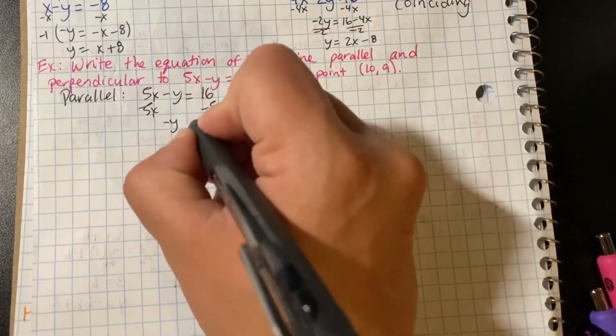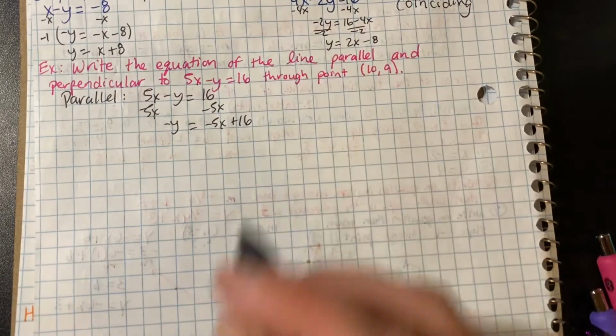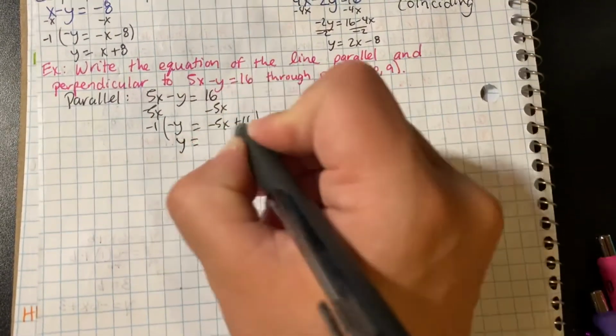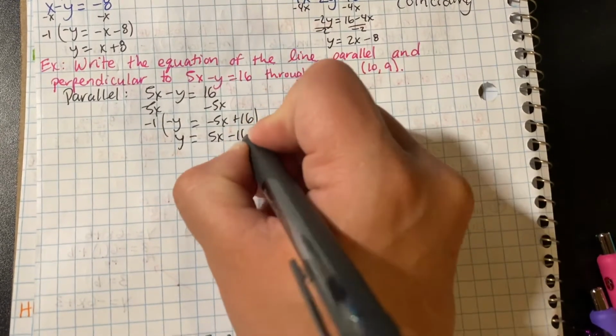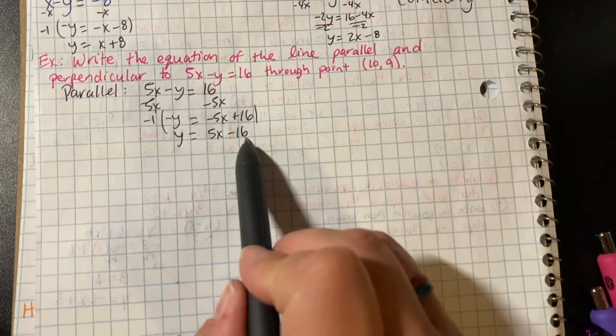So I got -y equals -5x plus 16. Multiply it all by -1, just to get rid of this negative. So this is my equation of my line.